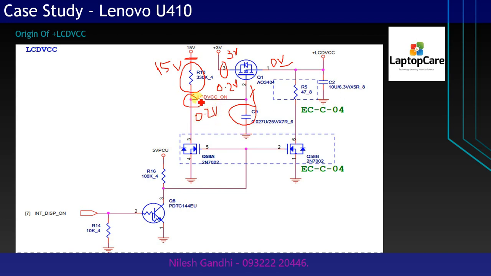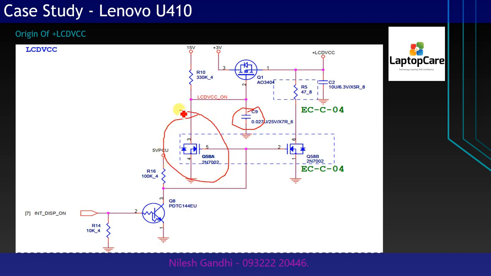So now it is confirmed that either this capacitor C9 or the MOSFET Q58A is faulty, which is not allowing the gate to trigger in Q1.